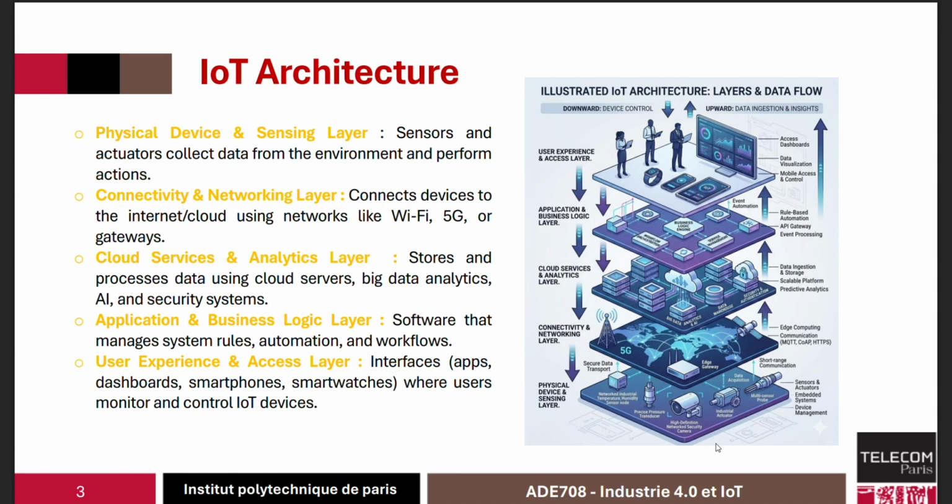In this part, we have the hardware sensors that collect data and are in real and direct communication with the environment. And of course, after we collect data, we need to transmit it and send it somewhere to be processed. And here comes the second layer, the network communication layer.